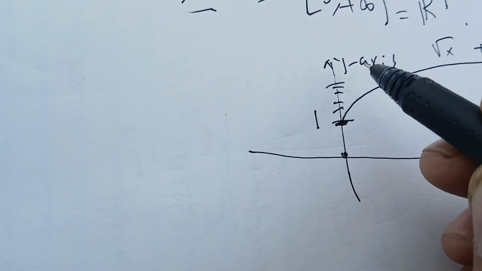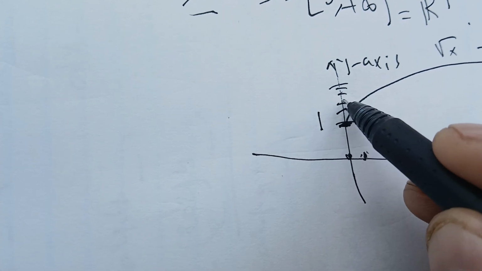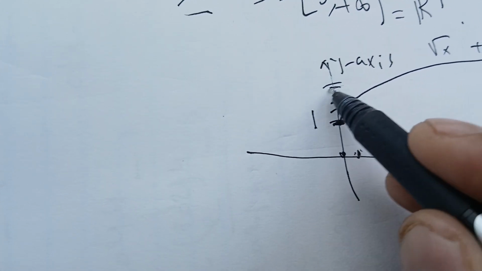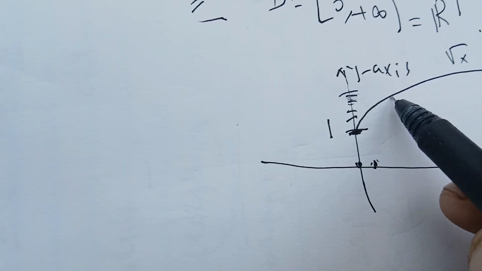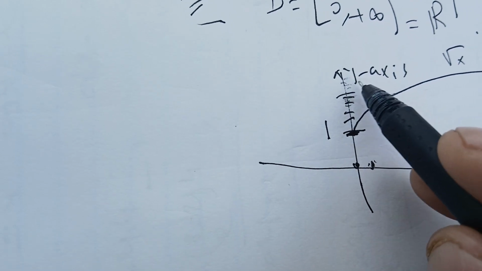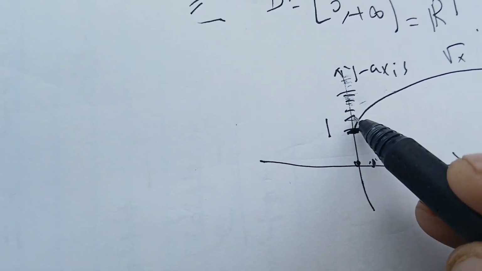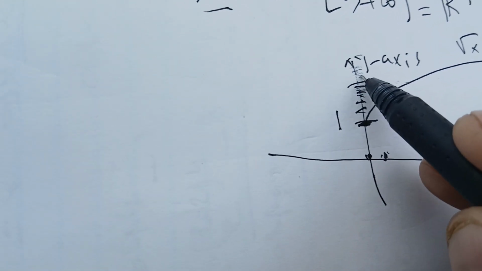So the range here is, for each x, there is some value, so the set of values that we hit. Sometimes it's easiest to project the points in the graph onto the y-axis and see what you get. If you project them here, you get 1, 2, 3, 4.